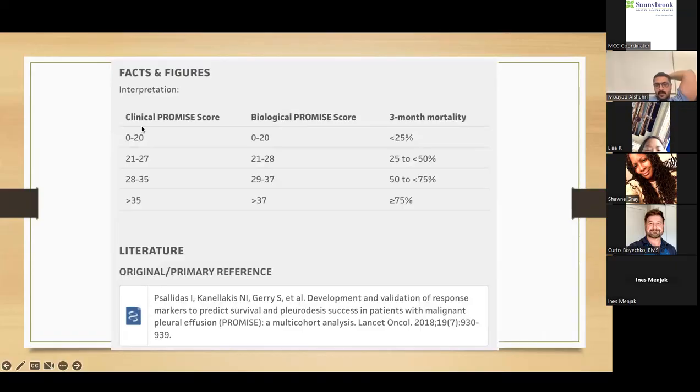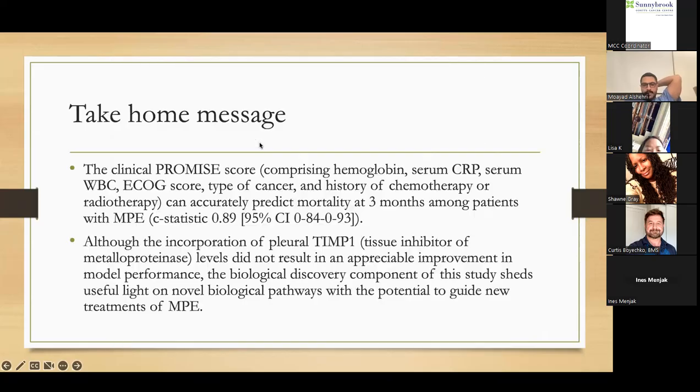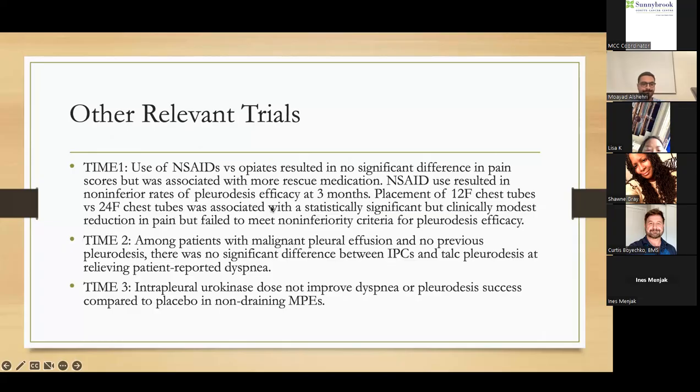As you can see in this slide, clinical versus biological doesn't change much, but the idea itself is neat: if we can find something biological, similar to PSA for prostate cancer, or blood work we can use in colorectal and pancreatic cancers. For lung, we don't have that luxury. So it just opens avenues for a future biochemical role in managing and prognosticating pleural effusions.